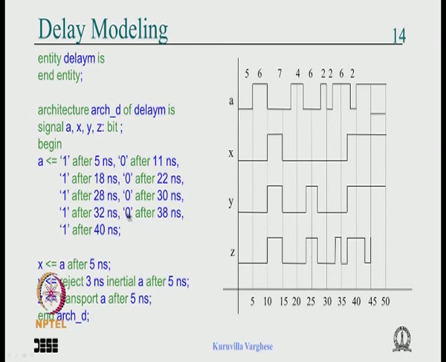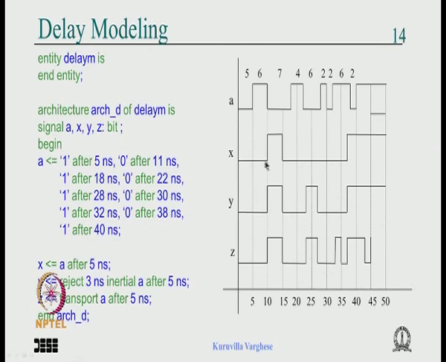So this is the original waveform we have created. So 5, 6, 7, 4, 6, then 2, 2, 6, 2, and it remains. Now if you look at the X, it is a delayed version of A by 5 nanosecond. So we have 5, 10, 15, time is shown here.